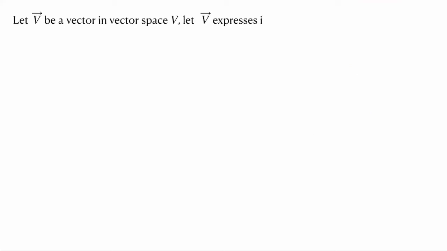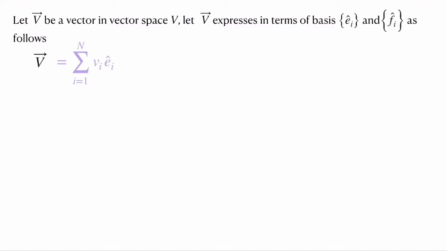So let vector V be an element of vector space V and let V be expressed in terms of basis vectors Ei and Fi as follows. V is a linear combination of Vi Ei in terms of basis vector E. In the same way we can express it in terms of V bar i Fi hat, where V bar i is the component along Fi.